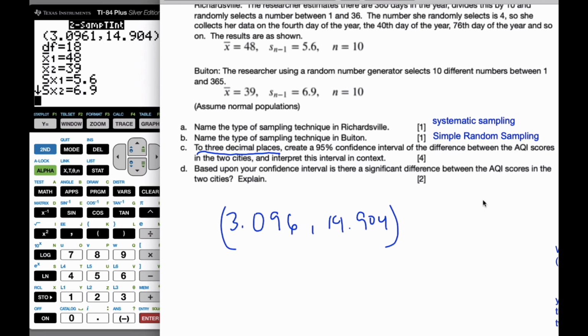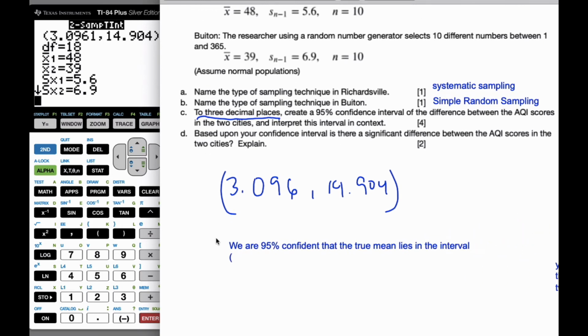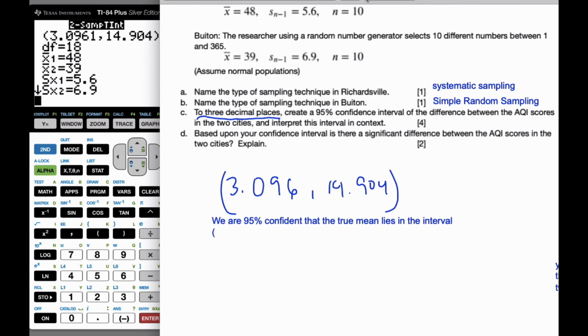If we're going to interpret it, we say we are 95% confident. This has a mathematical meaning. It's not like confidence in the way you walk down the hallway showing confidence. It is talking about the mathematical procedure.